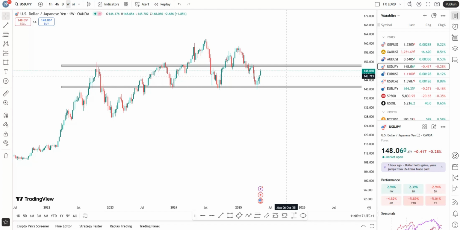Those multiple touches are called areas of value or areas of interest. Areas of value or areas of interest are where magic happens. Those areas are where you expect something to happen.